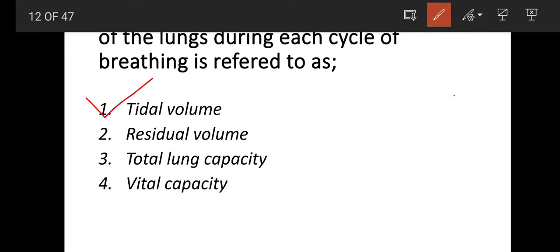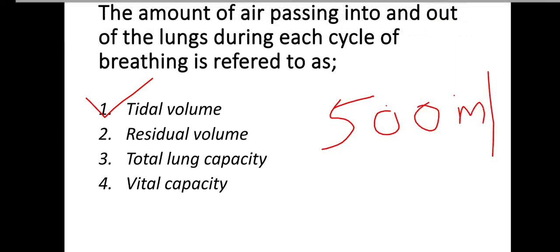What will be the normal amount of tidal volume? It is 500 ml. What are the other options? Residual volume is the volume of air remaining in the lungs after maximum forceful expiration.